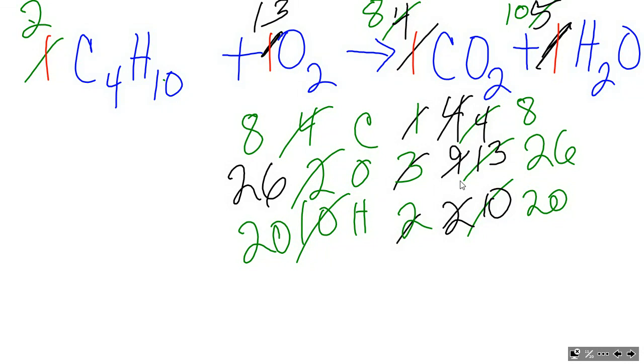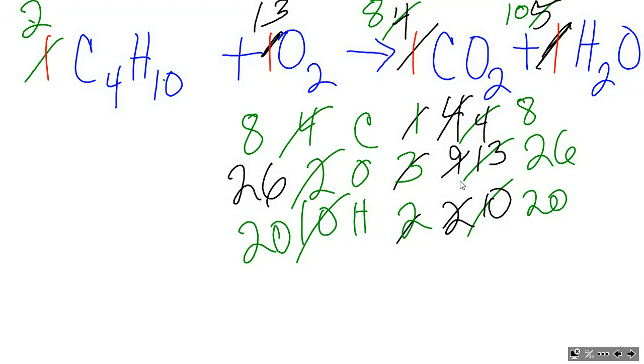So look at our final coefficient. How many molecules of butane did I get? Two molecules of butane. How many molecules of CO2? 8. All right. So 2 to 8, or a 1 to 4 ratio.